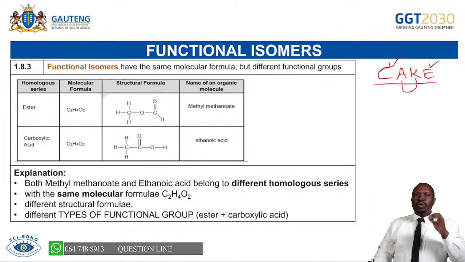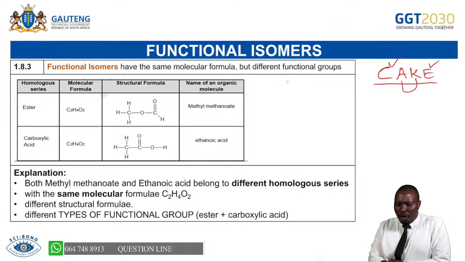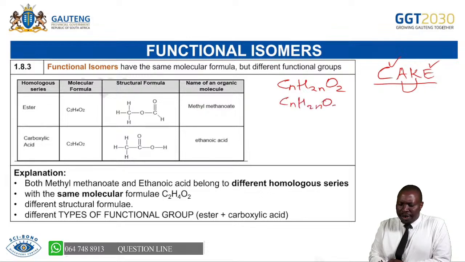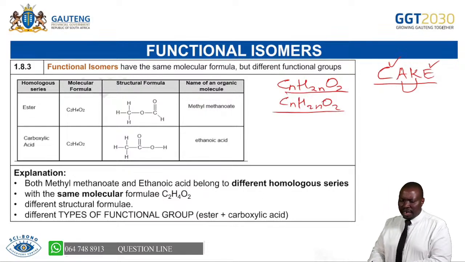Remember, when we were doing general formulas, we said the general formula for carboxylic acid is CnH2nO2. For esters it is CnH2nO2. So you can see that carboxylic acids and esters have the same general formula.